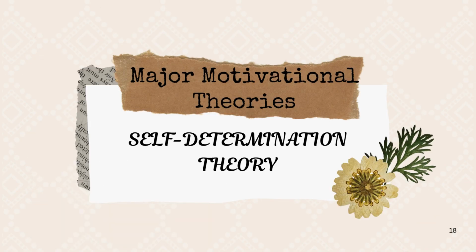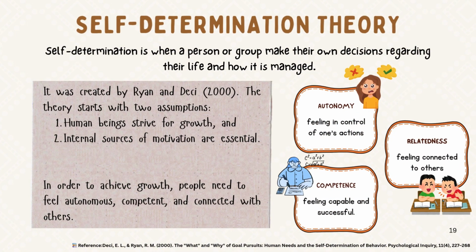Next, let us dive into self-determination theory, or as we call it, SDT, one of the major theories used to understand motivation in learning. So, what is self-determination? Self-determination refers to a person's ability to make independent choices and have control over their own life.